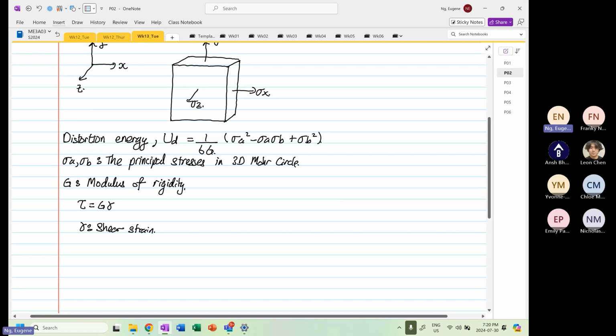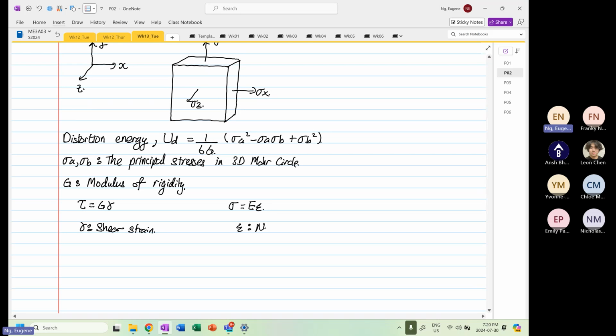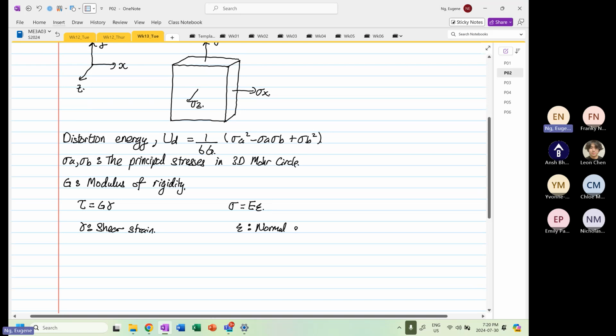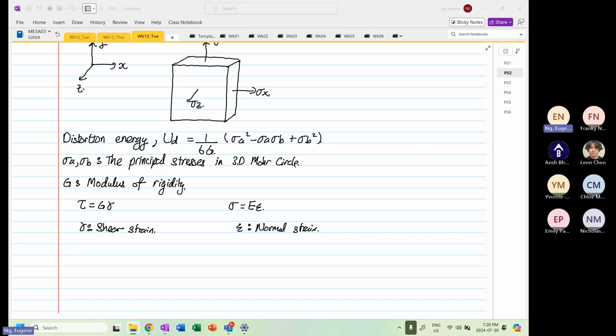Its equivalent is that normal stress is equal to Young's modulus multiplied by strain, where epsilon is the normal strain. If you look at the materials handbook, you do see the value of G. Let me get the textbook out.